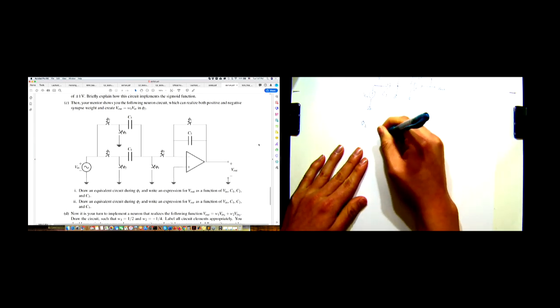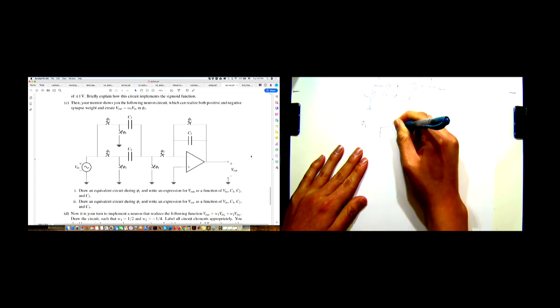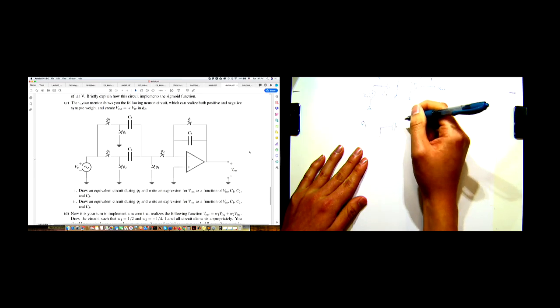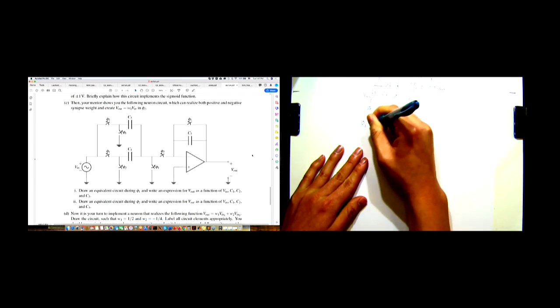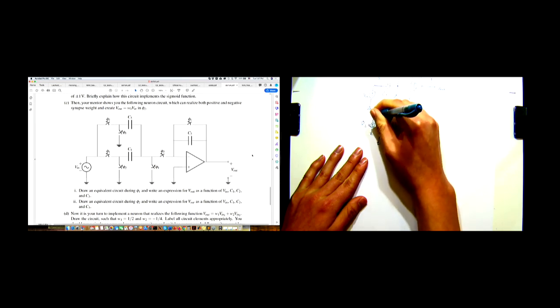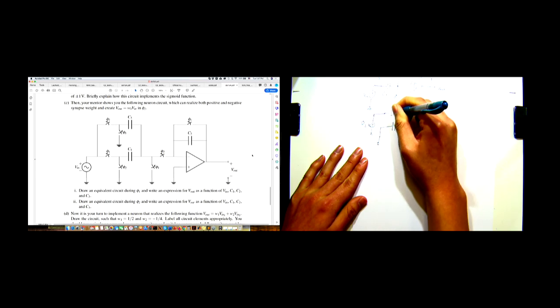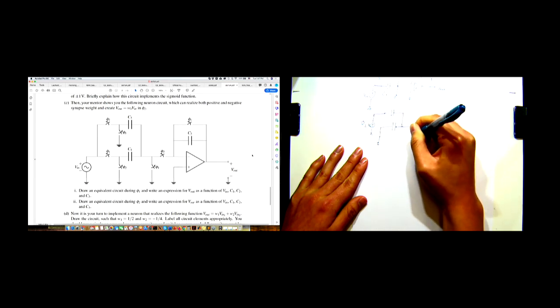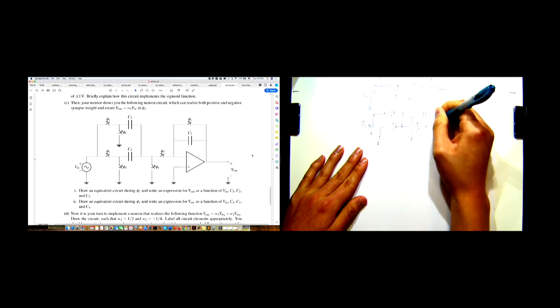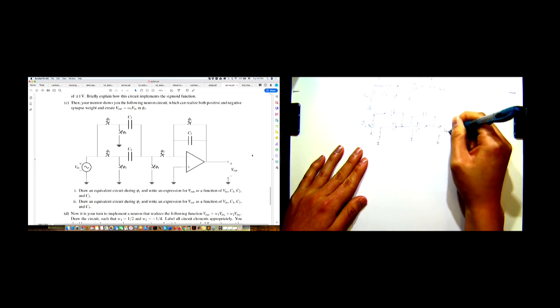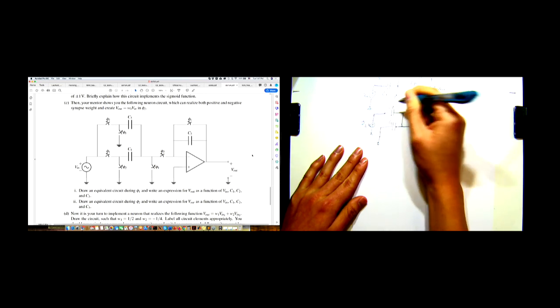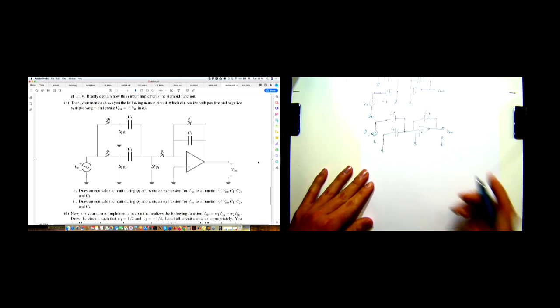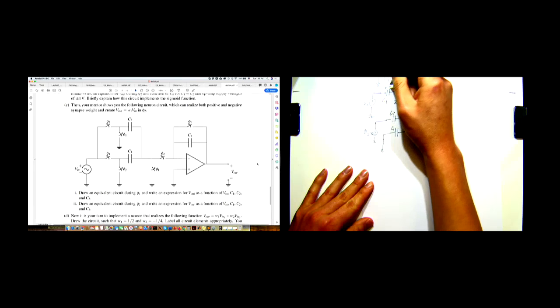Okay, so now we can begin analyzing it. I'll label the polarity on the capacitors.